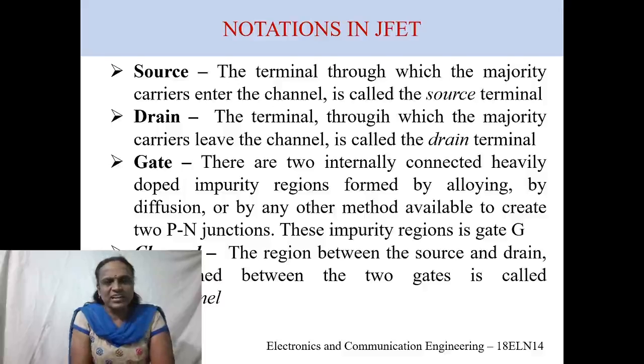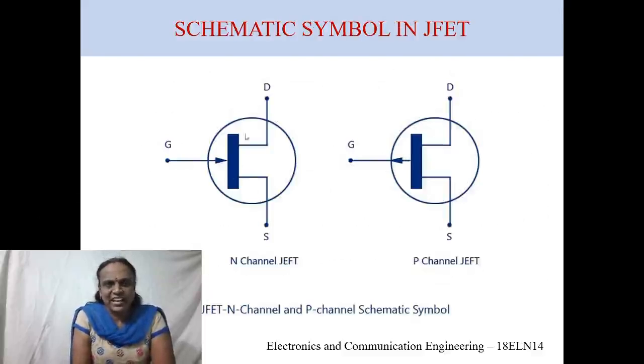Note that the direction of the arrow of the gate indicates the direction in which the gate current is flowing when the gate junction is forward biased.